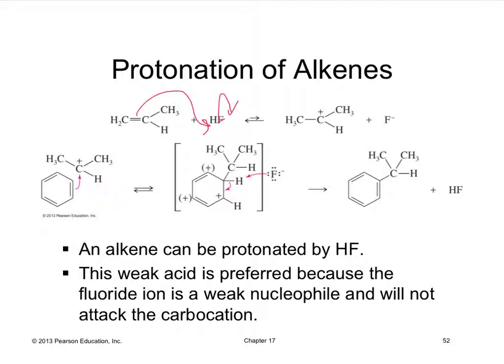But when in an exam, I'd like you to draw these out. Then the fluorine that's from here will pluck off the positive charge, generating the resonating conjugated structure. So here, this weak acid HF is preferred, because fluoride ion is a weak nucleophile and won't attack the carbocation.